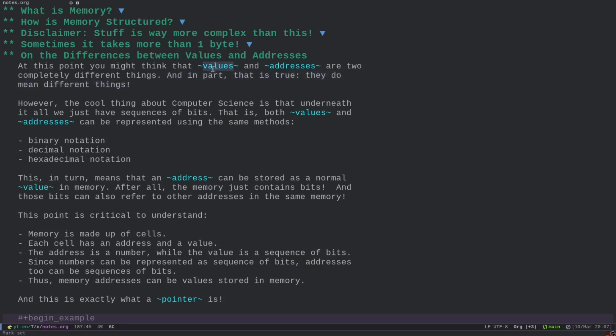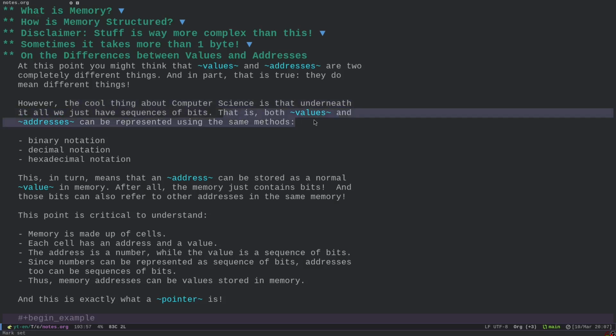When we talk about a value, that is not an address. An address has a specific meaning. A value can be anything. However, the cool thing about computer science is that underneath it all, we just have sequences of bits. We mostly deal with raw information, and this is really what gives computer science its amazing expressive power. It does not matter what we are dealing with, we are just dealing with bits underneath it all.